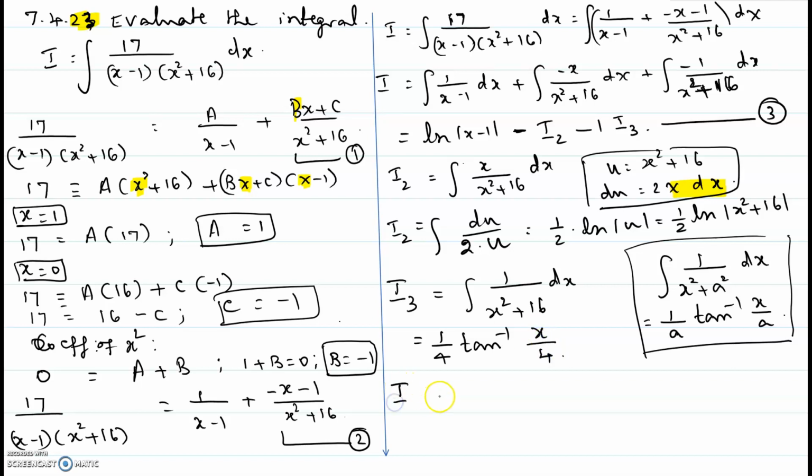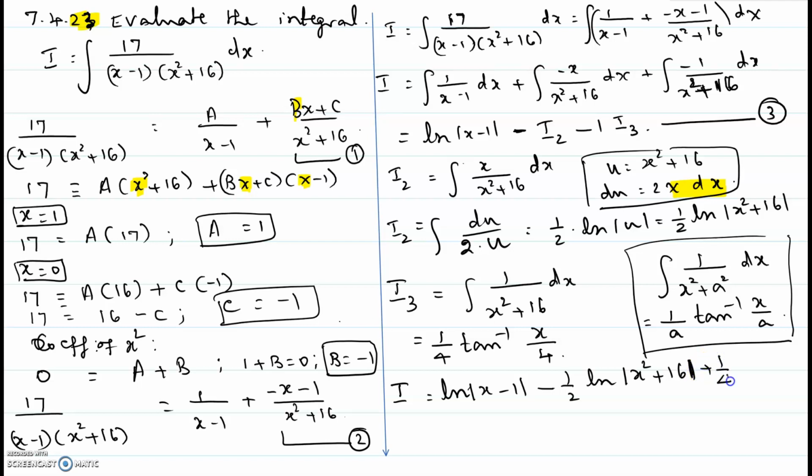So I would be equal to ln of absolute x minus 1 in step 3, minus I2, and I2 is 1/2 ln of absolute x squared plus 16.